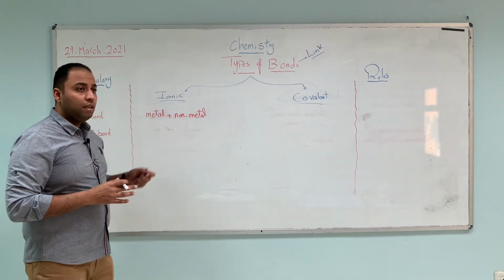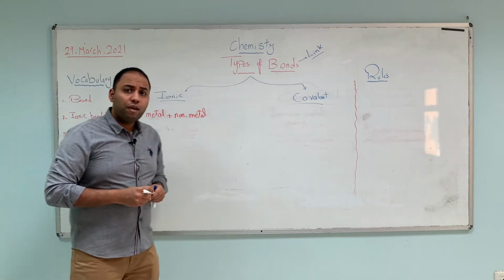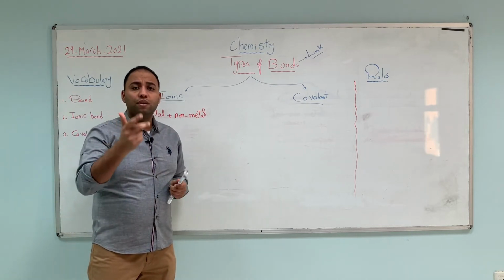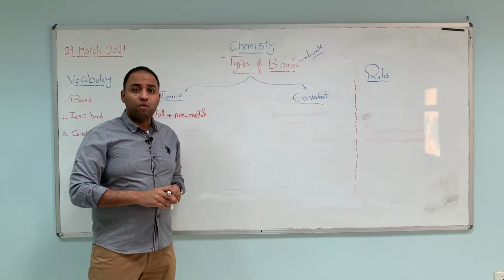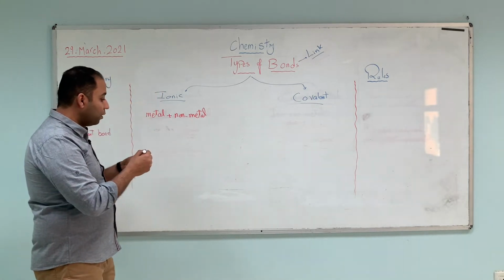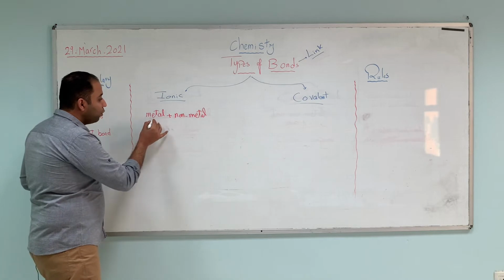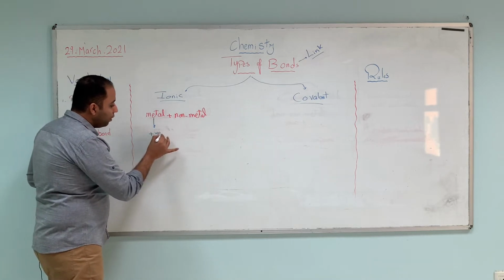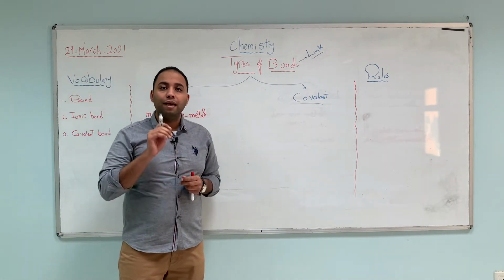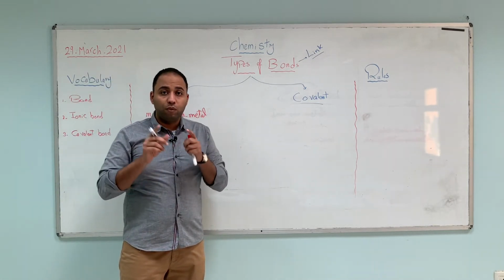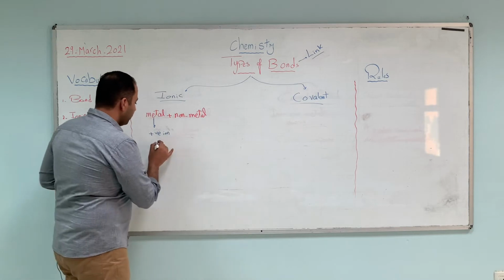Metals. In the outermost shell you will find 1, 2 or 3 electrons, so it is easy to lose these electrons. So the metal forms a positive ion. What is the name of the positive ion? Cation.